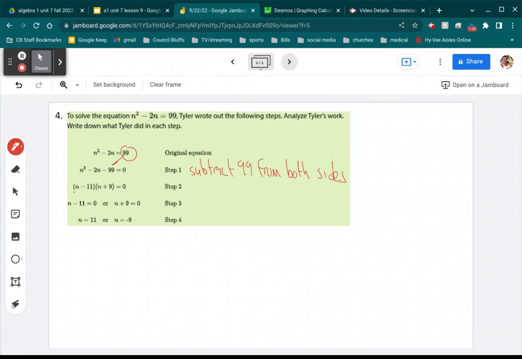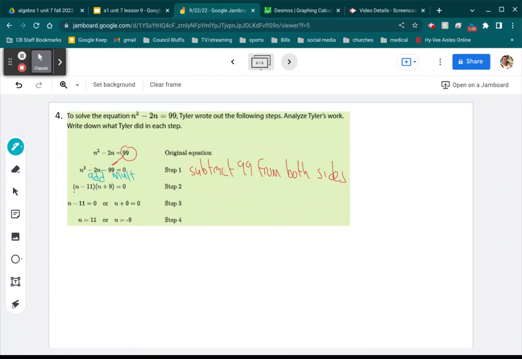Okay. Step 2. He looked like he went from n minus 11, n plus 9 equals 0. So it looked like he attempted to factor. Let's see if he did it right. So we're looking for two numbers that add up to -2 and multiply to -99.